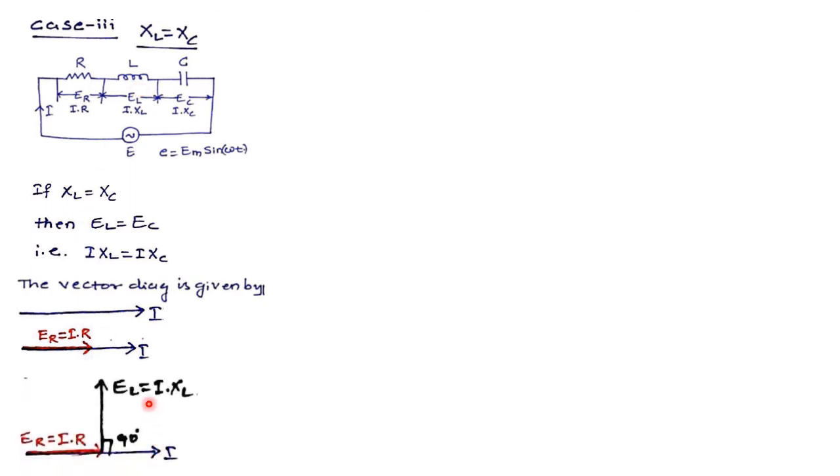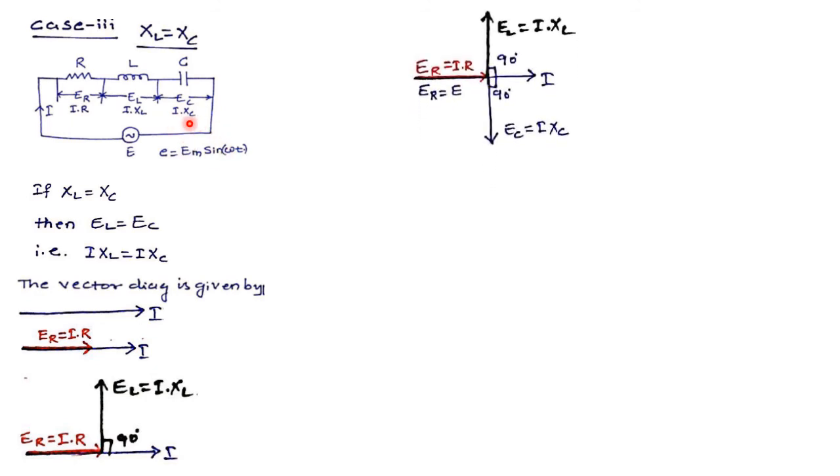The same current I is flowing through capacitance C, hence it will be creating a voltage across it as EC volts. Therefore this current I will be leading the voltage EC by an angle 90 degrees, or voltage EC will be lagging behind this current by an angle 90 degrees.